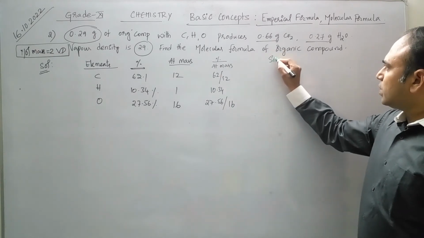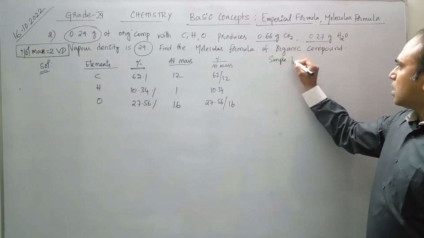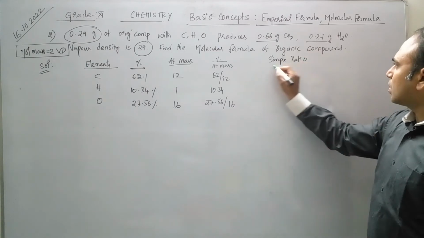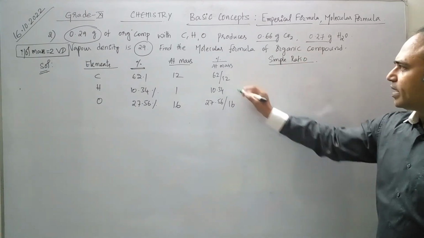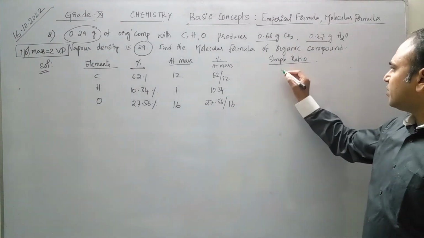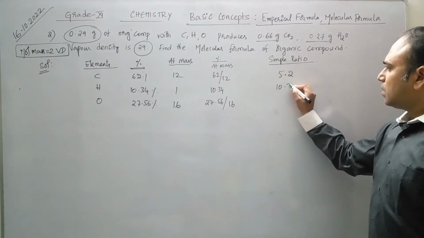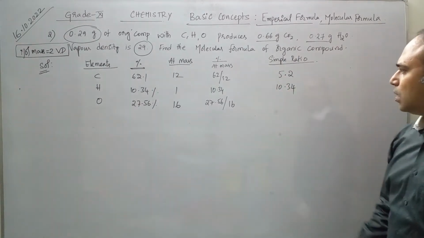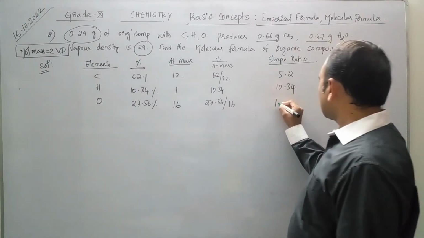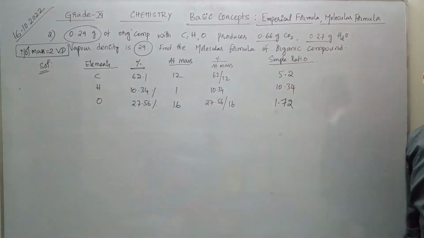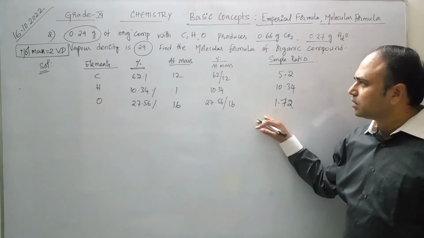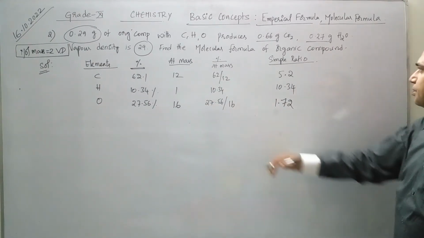So here we are going to get a simple ratio. So 62 by 12, roughly we can take 5.2. This is 10.34. Now here we will get approximately 1.72. So hope you have understood the procedure. We have followed the same thing.